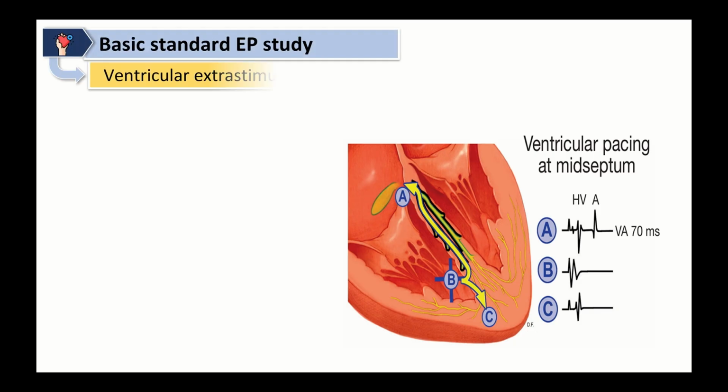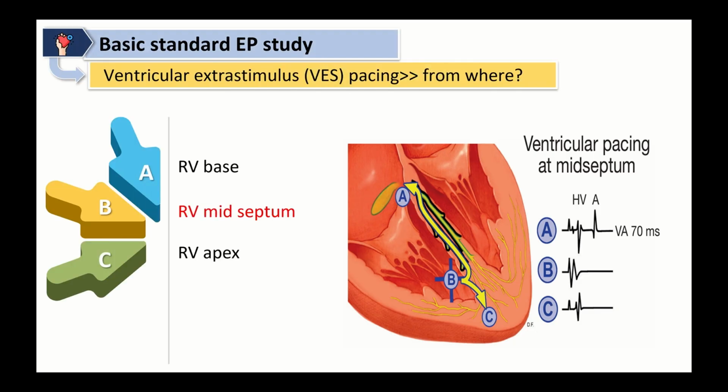Okay, let's go to the next example. As we pace from the mid-septum, what happened? Surprisingly, the VA time is very short, 70 milliseconds, and the His activation comes ahead of the V. Why?